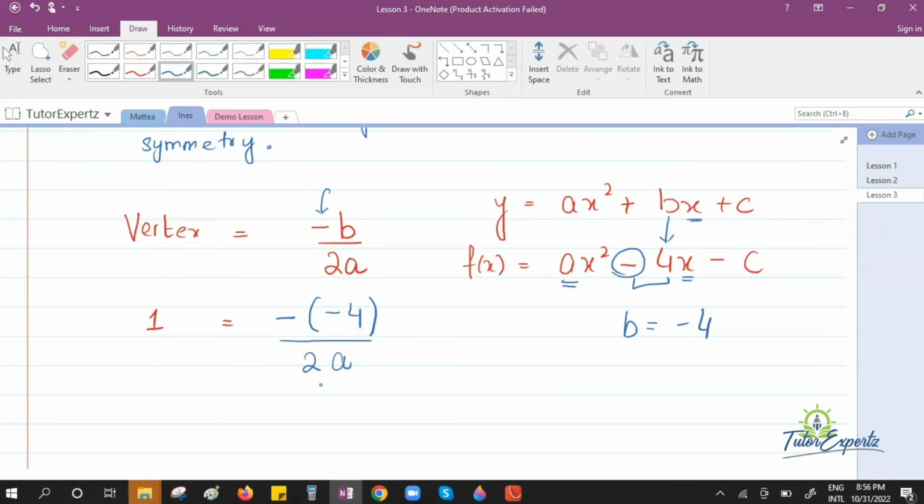Okay, one second. Try to solve for a. Make a the subject of this equation.